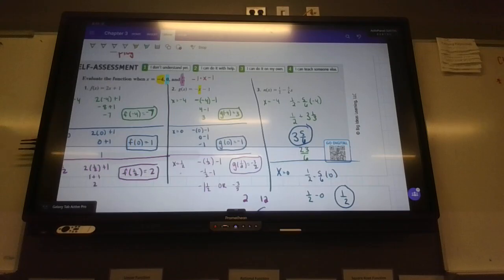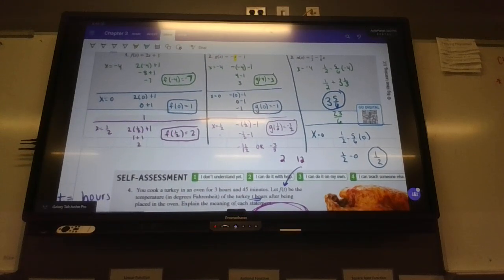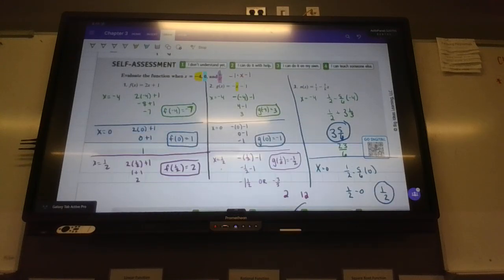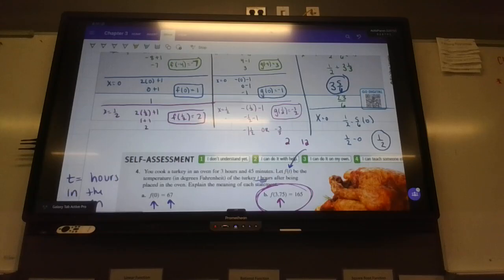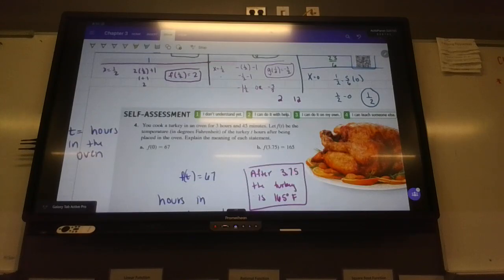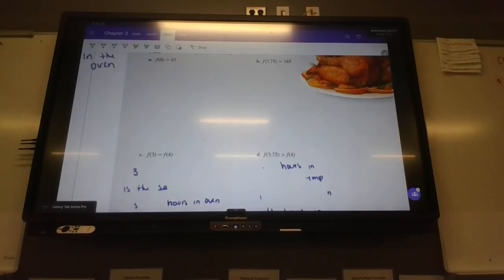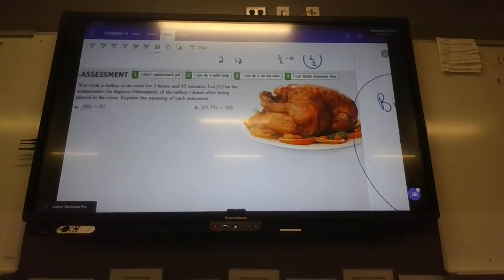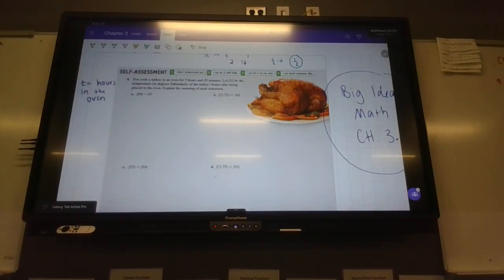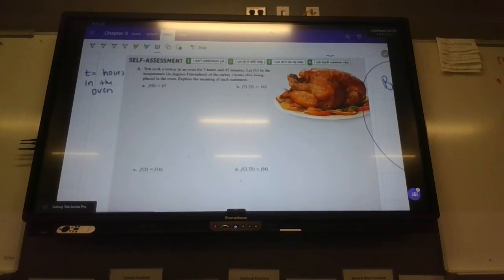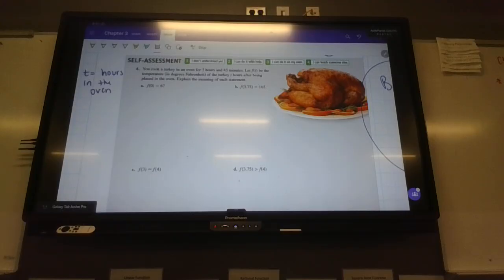What's our next thing? Page 215, number 4 is such a weird question. We got a turkey time question here. Turkey in the oven for 3 hours and 45 minutes.